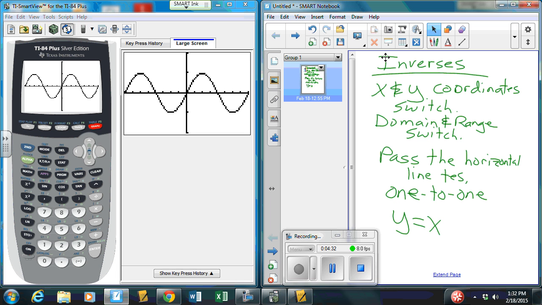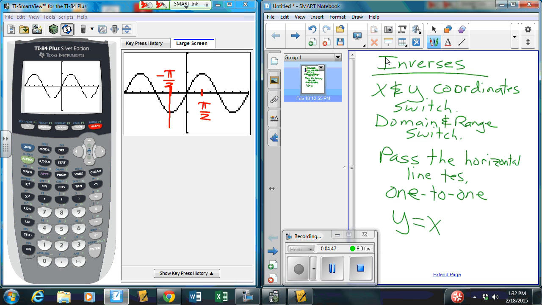So it goes from negative pi halves to positive pi halves.